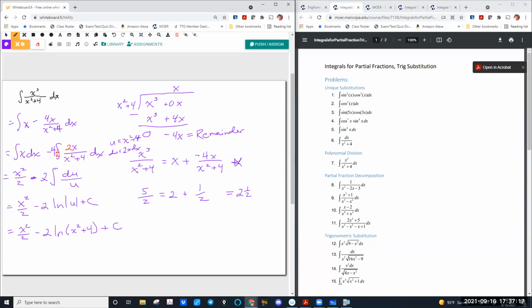Typically, this part will be easy. It'll be some basic polynomial, real easy antiderivative. What's here is going to depend on what the original function is. This may be a u-sub, maybe a trig sub, which we're about to see, maybe a partial fraction decomposition. But it does allow us to do one like this by hand.